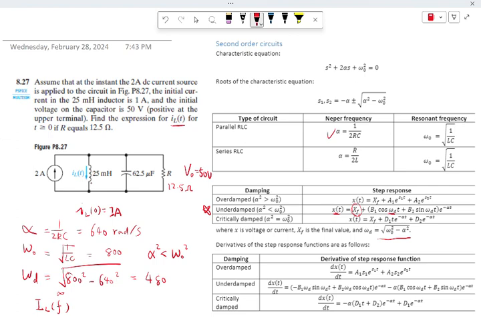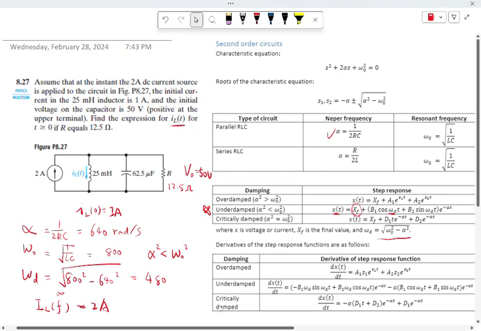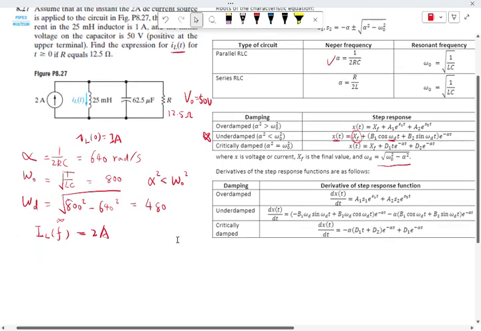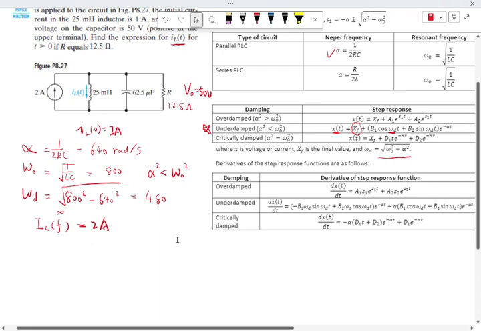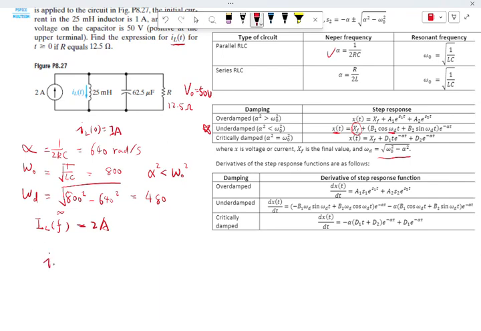We did this so many times, so all the current will flow through that. So finally this is going to be 2 amps.